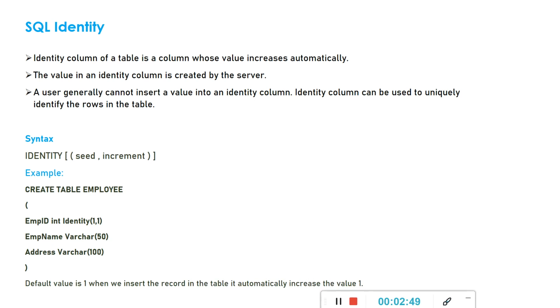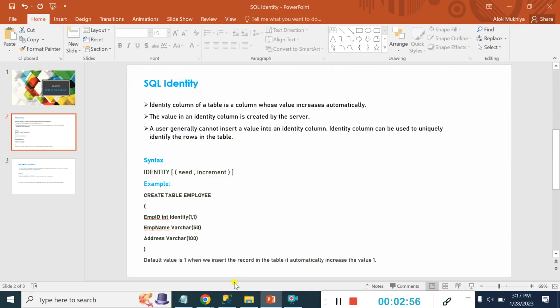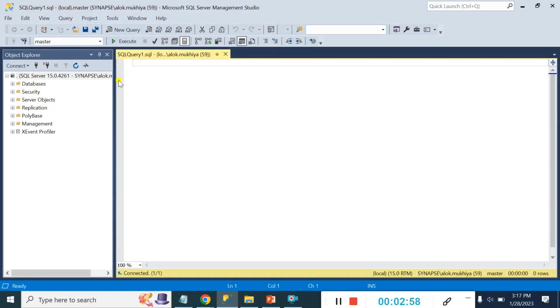So I'm going to open my SQL Server Management Studio and show you the examples, right? Currently it's using the master database. I'm going to use some other database. I already created a product database in our system.